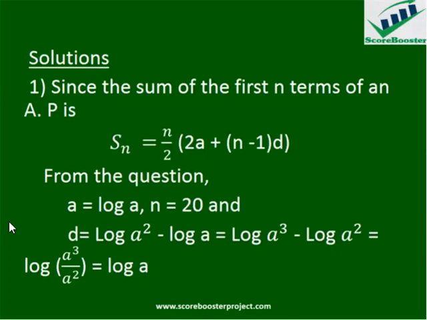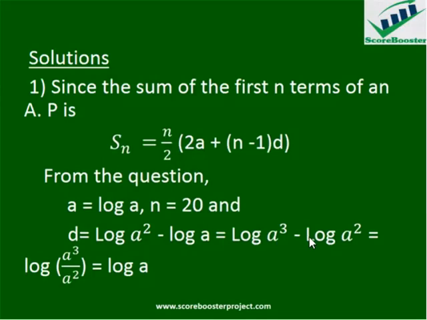From the terms of this progression, we can obtain the common difference, which is the second term minus the first term, equal to the third term minus the second term. So we have either log a squared minus log a, which gives the same result as log a cubed minus log a squared.